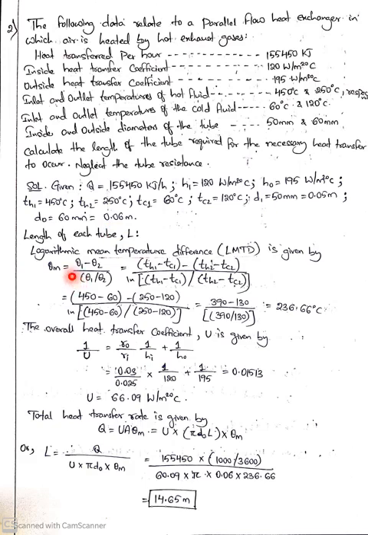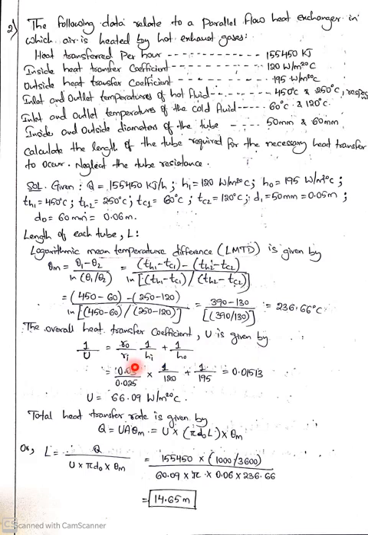The very first step, if the inlet and outlet temperatures of the hot and cold fluids are known, is to calculate in this manner, and theta m will be known from here. The next step is to find the overall heat transfer coefficient.